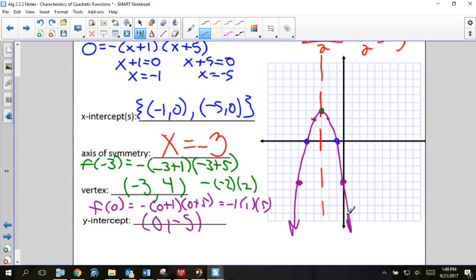I'm multiplying -1. Oh, you're doing the parent function? I mean, are you doing it using the parent function? Is that what you were doing? Yeah, 3 squared is 9.